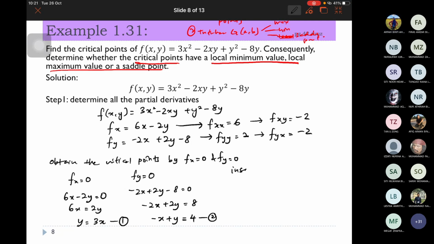Insert 1 into, so kita akan dapat negatif x tambah 3x sama dengan 4. So, 2x sama dengan 4, x sama dengan 2. Okay. So, y equal to 3x, which mean y sama dengan 3 darab 2 sama dengan 6. So, kita dapat dia punya critical point sama dengan 2, 6.